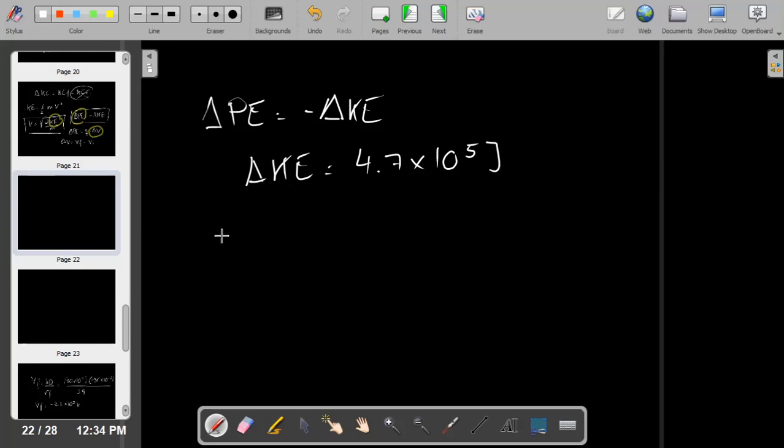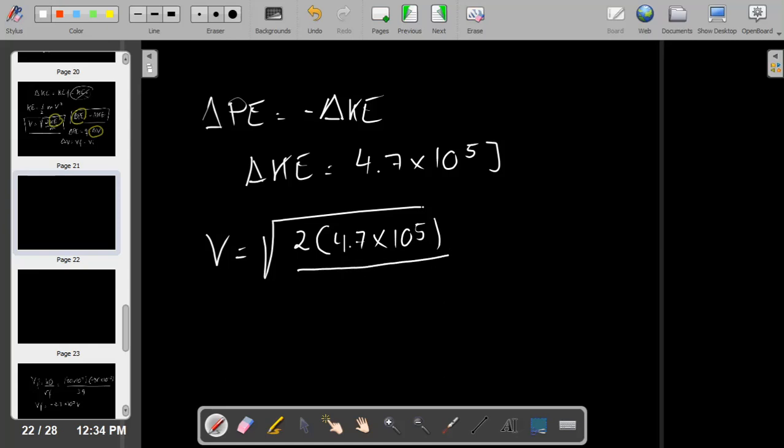Now I can put this in my velocity equation. 2 times my kinetic energy, 4.7 times 10 to the 5. I'm not going to put units right this minute because it takes too much space and time. But you need to notice that my mass was in grams. They give me 550 grams, so divide this by 1,000 to find your kilograms.